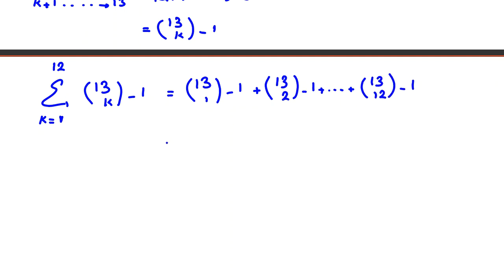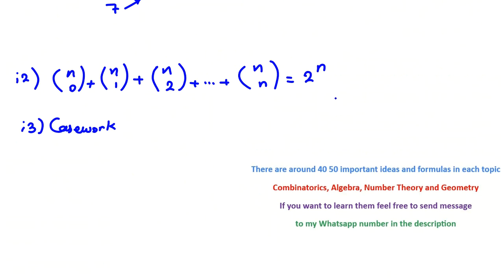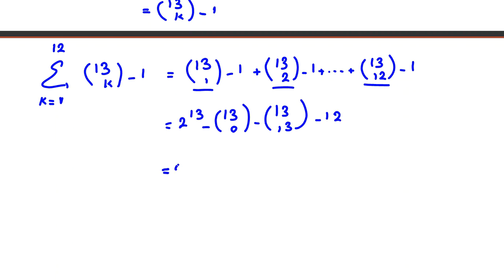Now if we want to add 13 choose 1, 13 choose 2, to 13 choose 12, we can use idea 2 here, 2 to the n. Here it will be 2 to the 13, but we don't have 13 choose 0 and 13 choose 13, so we should subtract. And how many negative ones do we have? 12. So it will be 2 to the 13 minus 1, minus 1, minus 12.